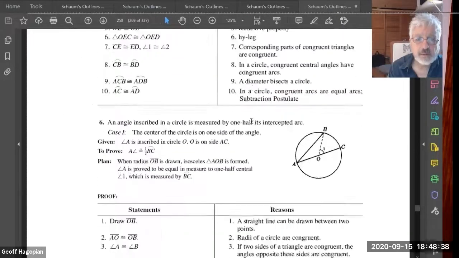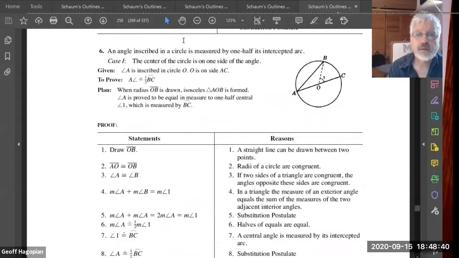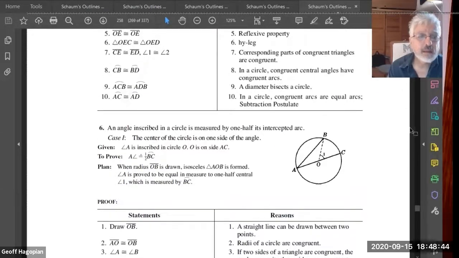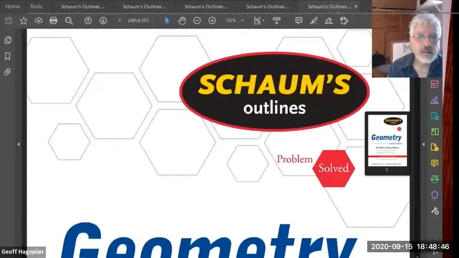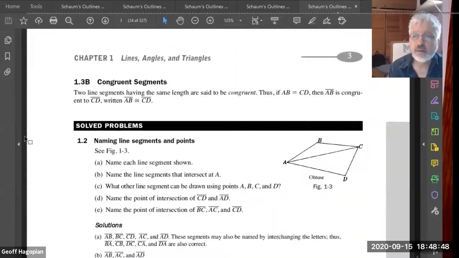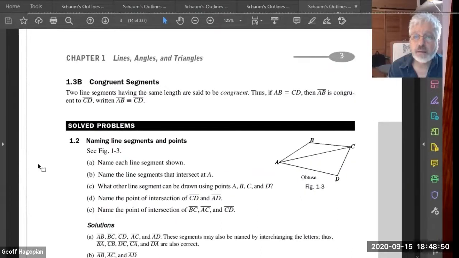Let's see if we, so these are circles here. I want to see the index on this side. How do I get the index?